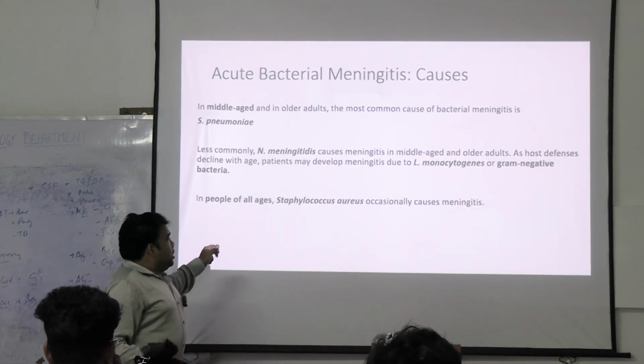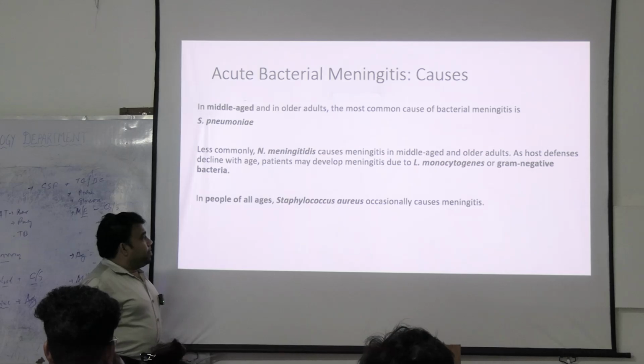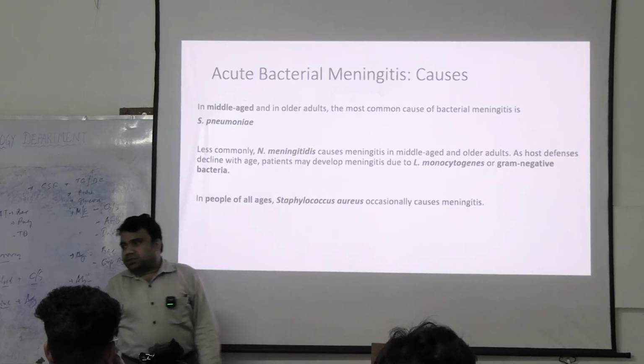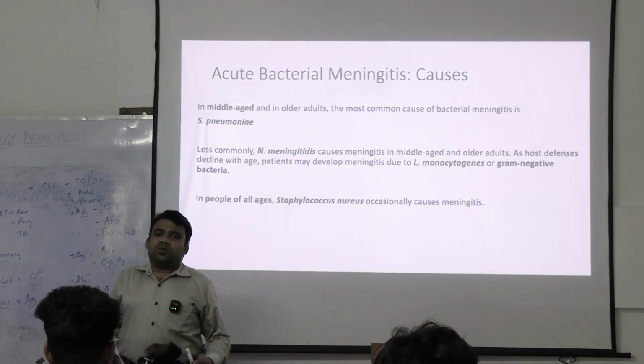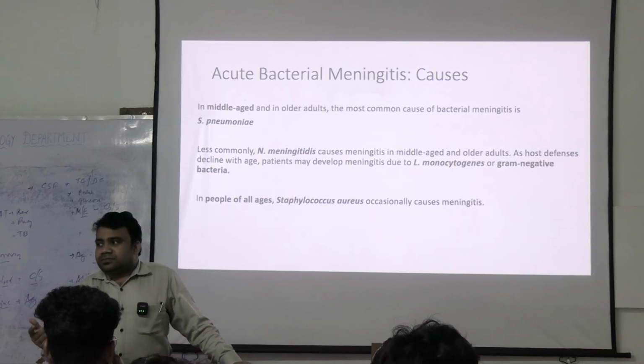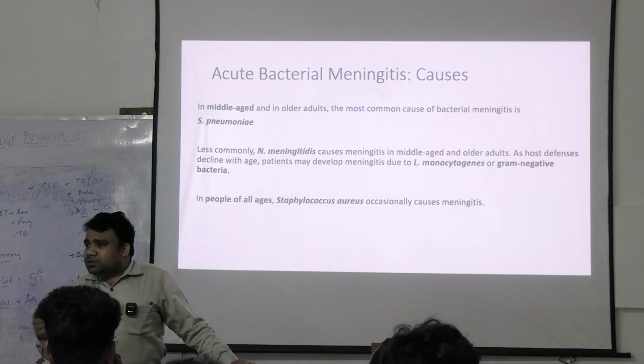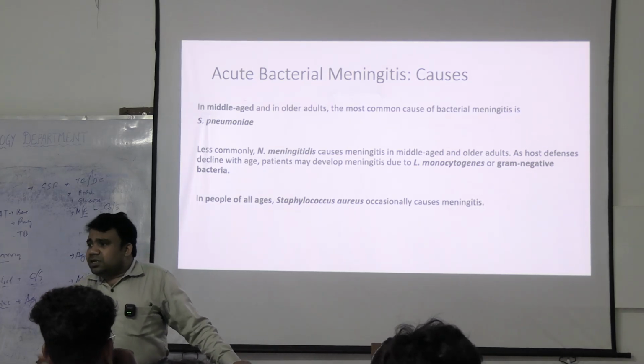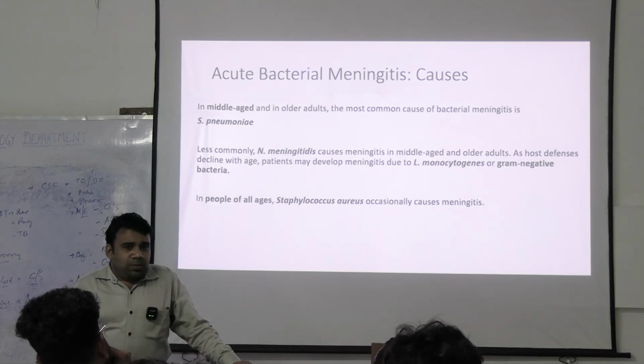Now, only remember one thing. Staphylococcus aureus, where is it commonly present? Staph aureus is present all over the body. It is present on the skin, the anterior nares, the armpits, all over the body.